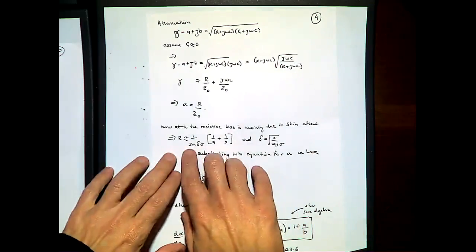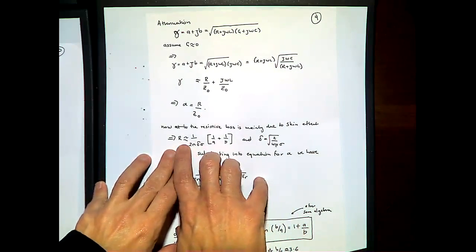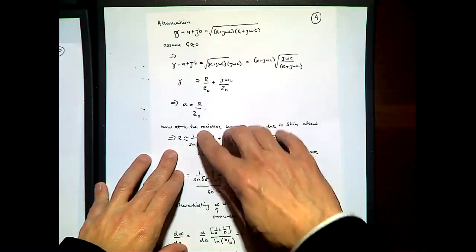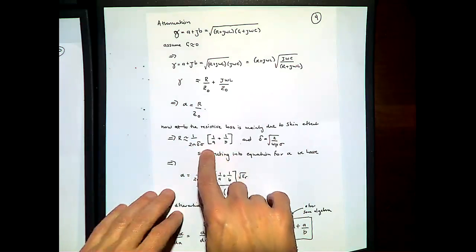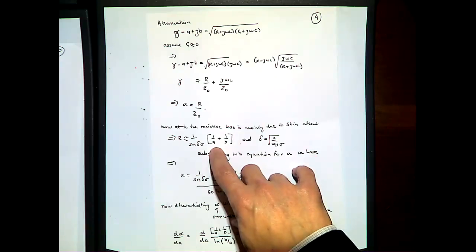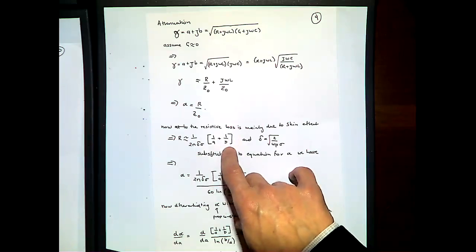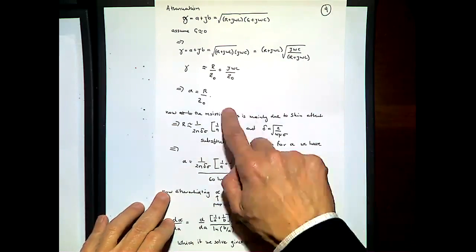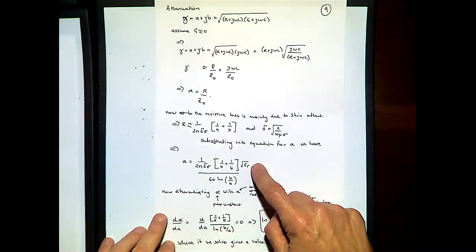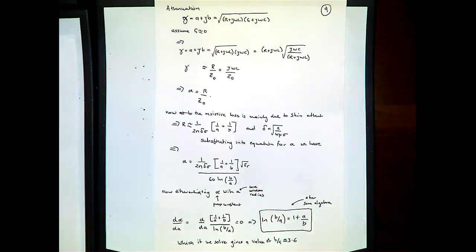So I can use my formula for the resistive loss, which is 1 on 2 pi delta sigma, where delta is the skin depth and sigma is the conductivity, times 1 on a, where a is the radius of the inner core, plus 1 on b, where b is the radius of the outer core. I plug all this into my propagation constant and differentiate again with respect to a. The algebra gets a little bit messy, so I've done that for you.